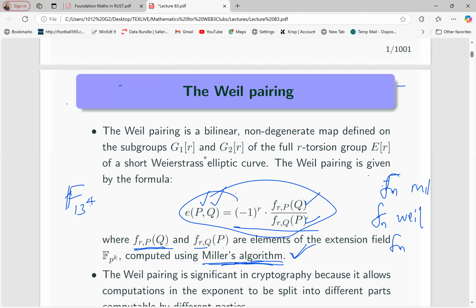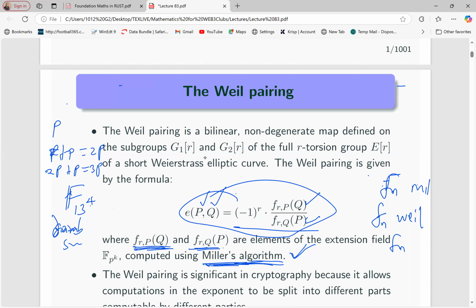But even before we reach there, we would require a function that will be giving us summation or doubling of points. This Miller's algorithm is computing this by successive doubling of points. So if we have point P, it will be added, P plus P to get 2P, and then again 2P plus P gives you 3P.